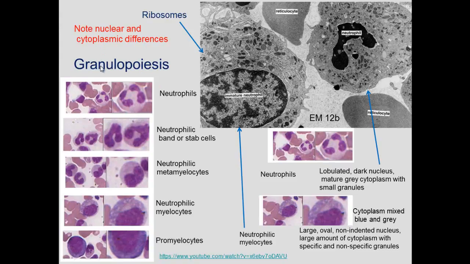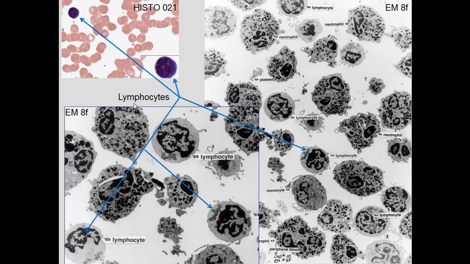What you want to think about is that the nucleus is changing, going from spherical to oval to indented, highly indented. The cytoplasm goes from blue, to a combination, to gray, and then ultimately gray cytoplasm as maturation occurs.